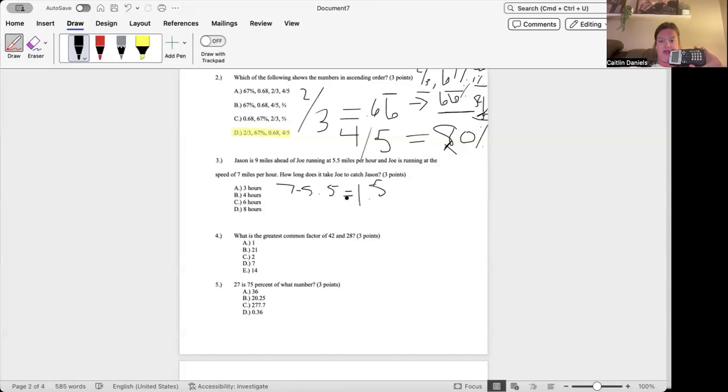And then to get the time, we are going to do the distance divided by the speed. So the distance was 9 miles, and the speed that we got right here is 1.5 miles.